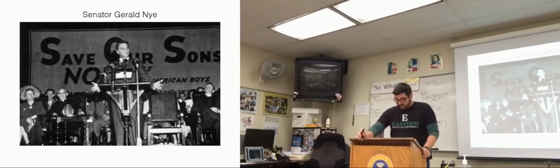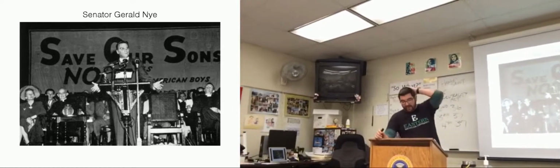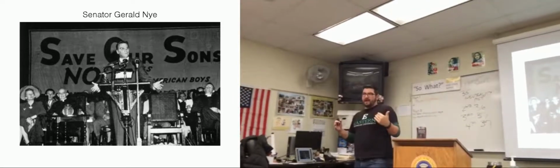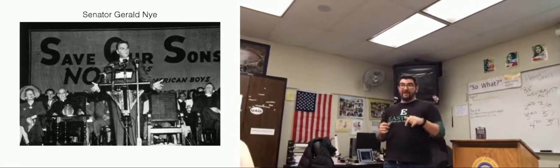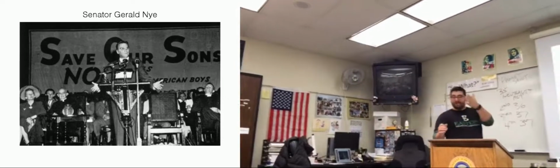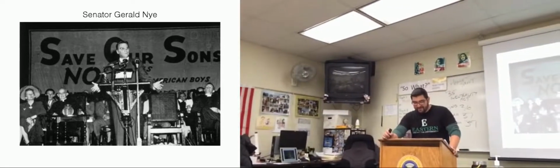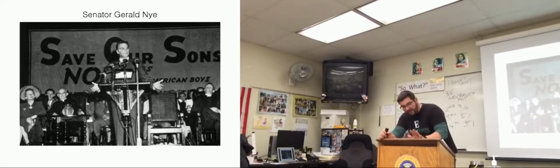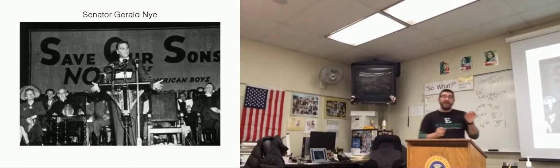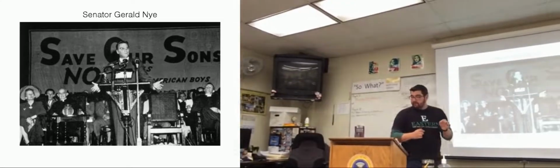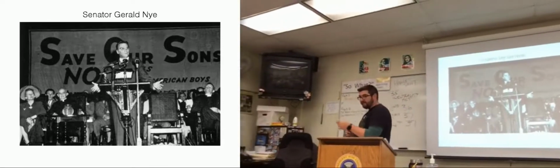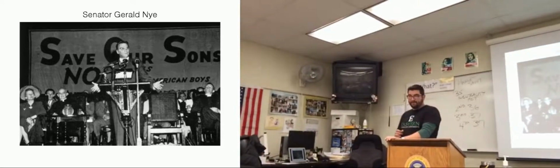actually did. First, 1935, the first Neutrality Act. Just like Rocky 1 isn't really called Rocky 1, it's just Rocky. The 1935 First Neutrality Act is just the Neutrality Act. That's it. We don't really consider it the first until we have a second coming the next year. So anyway, the 1935 Neutrality Act gives the American president the power to prohibit American ships from carrying American-made weapons to nations at war.